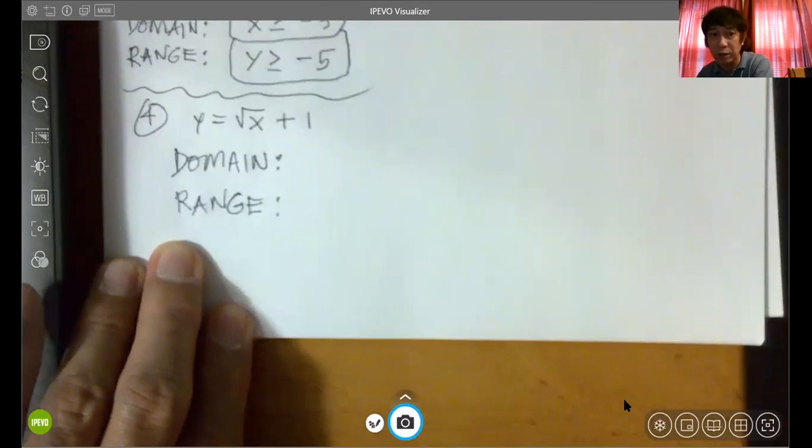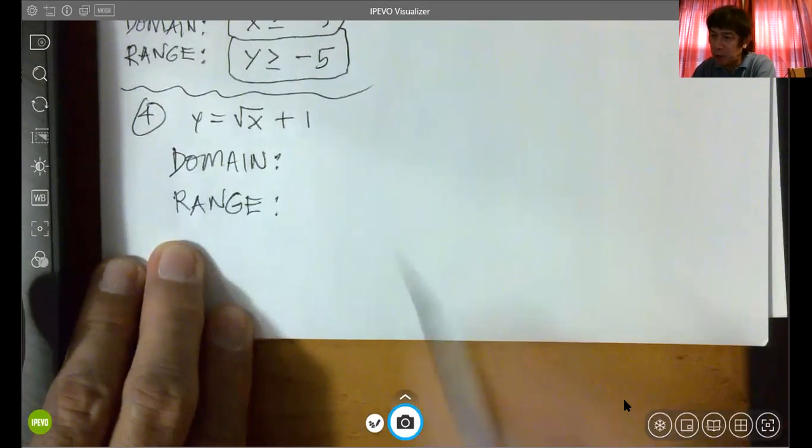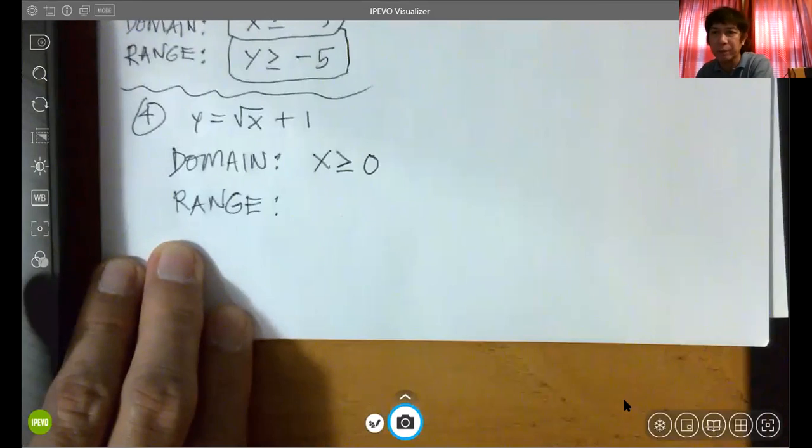Of course, that's very easy to see. x cannot be negative, so it's from 0 to positive infinity. The domain is x greater than or equal to 0. Now the lowest possible value for x is 0, and when x is 0, we will have 0 plus 1.